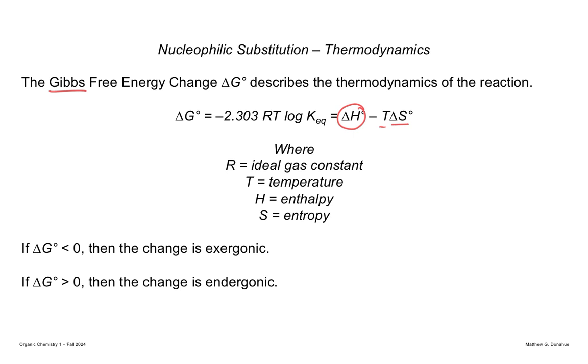But for the most part, I think what dominates the overall numerical outcome is the delta H term. So just keep in mind, when you're dealing with this delta G, you use these words. The exothermic and endothermic, that's associated with the delta H.